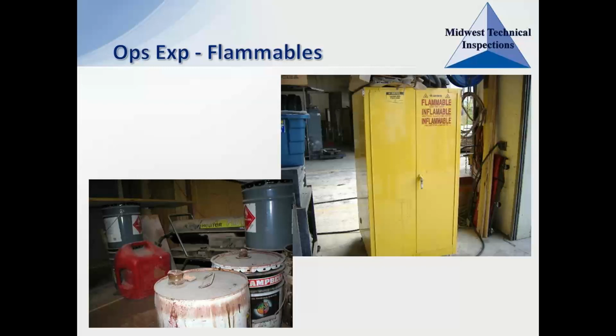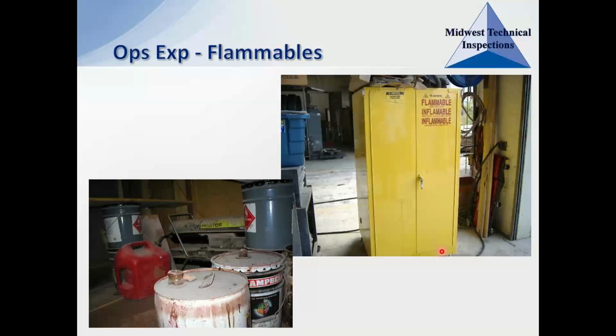So what we want to see is some sort of securement or proper storage of those flammable liquids. So something like the flammables cabinet here. This is not your standard office cabinet with thin gauge metal. This is a flammables cabinet. It's a double walled cabinet with heavier gauge metal.